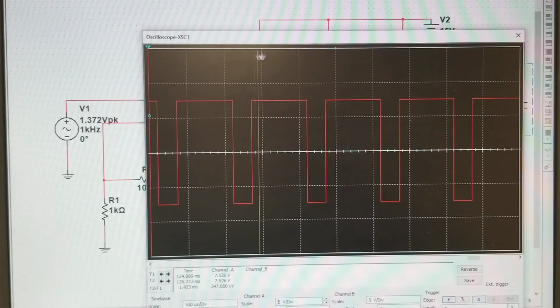So moving the flags. You see our pulse width is 754 microseconds. Once again, pretty close to what we calculated it would be.